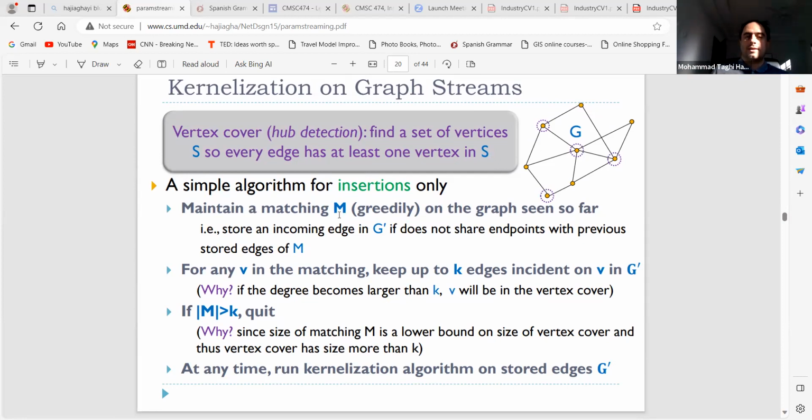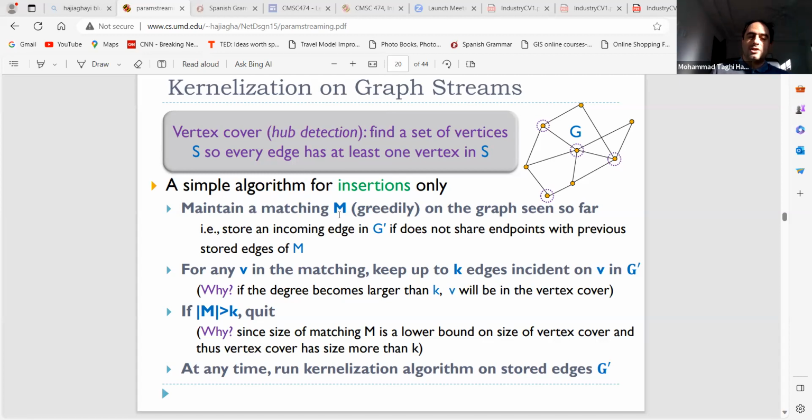What's the meaning of that? It means that if an edge is coming and both of its endpoints are not in the matching, then you will insert it into this matching.